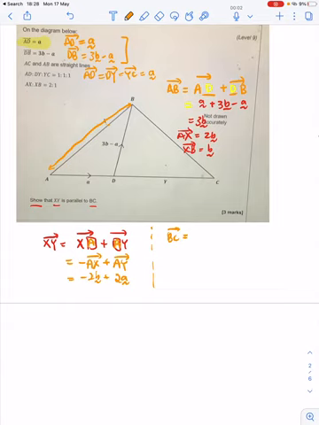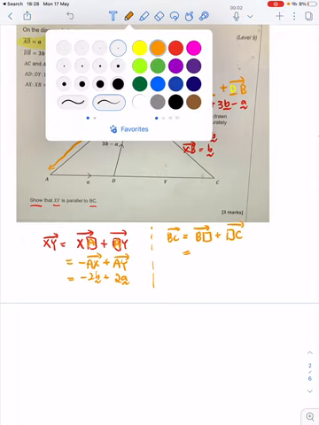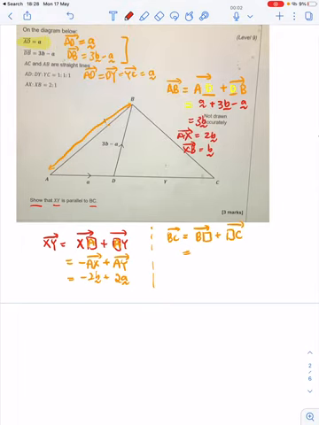Now, another one is BC, right? Vector BC can also be broken down into B something plus something C. In this case, a good choice would be, let's say, A, right?